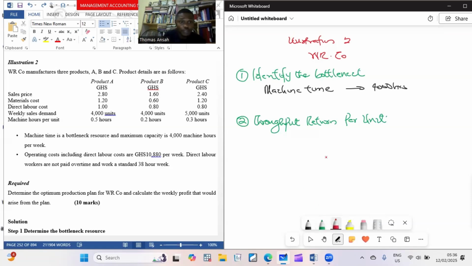We have 3 products, product A, product B, and product C. We find our selling price, which is always given, per unit: 2.80, 1.60, then 2.40.